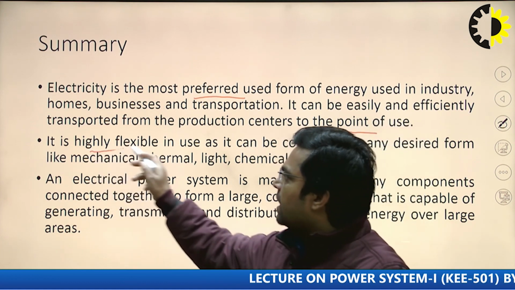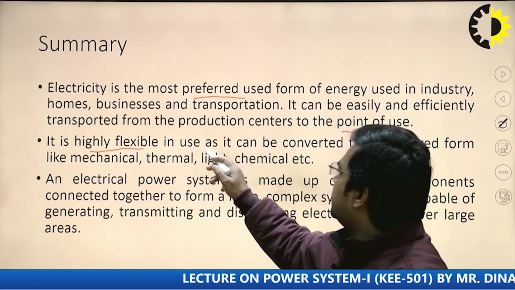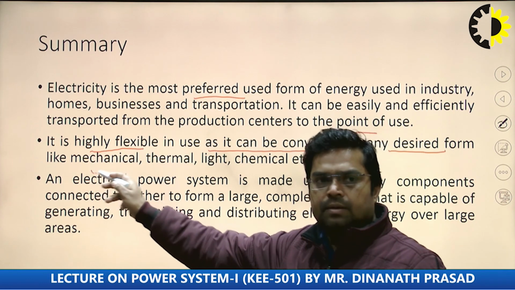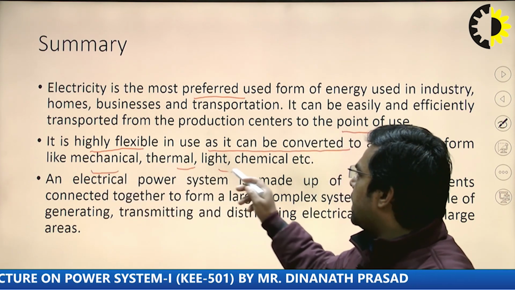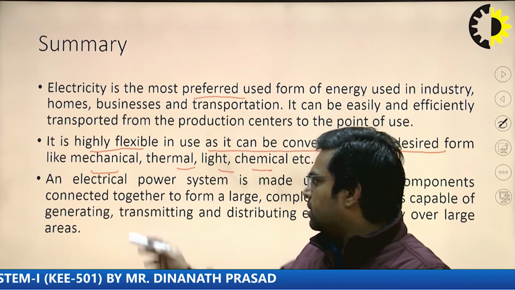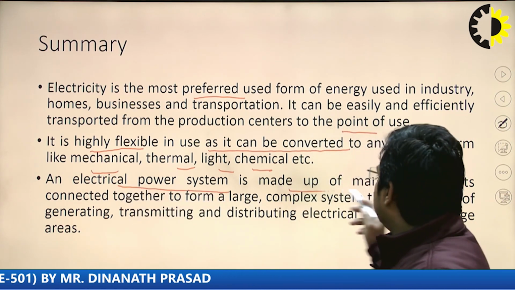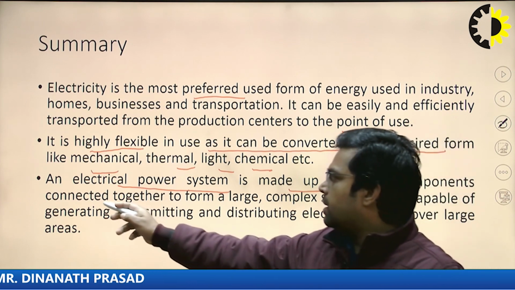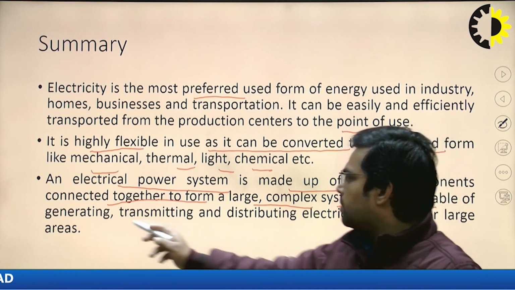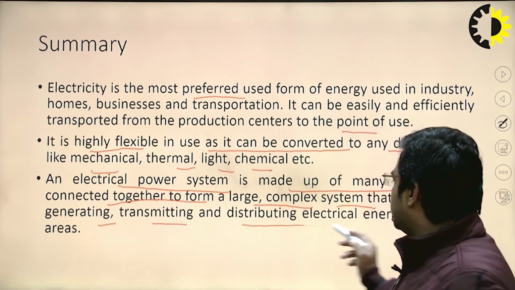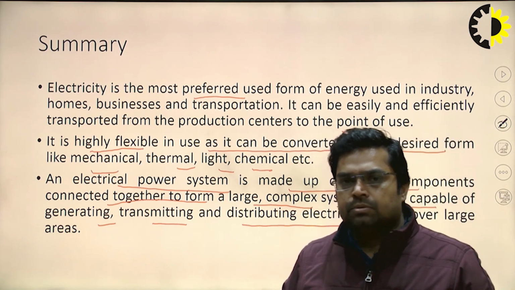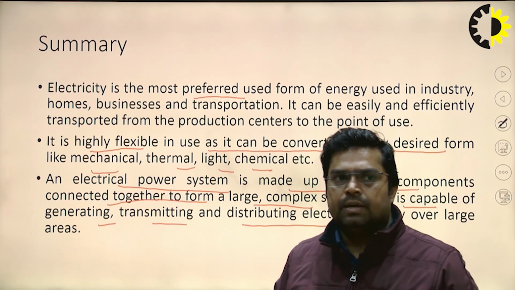It is highly flexible and can be converted to any desired form like mechanical, thermal, light, chemical. An electrical power system is made up of many components connected together to form a large complex system that is capable of generating, transmitting and distributing electrical energy over a very large area. So with this summary, thank you all.